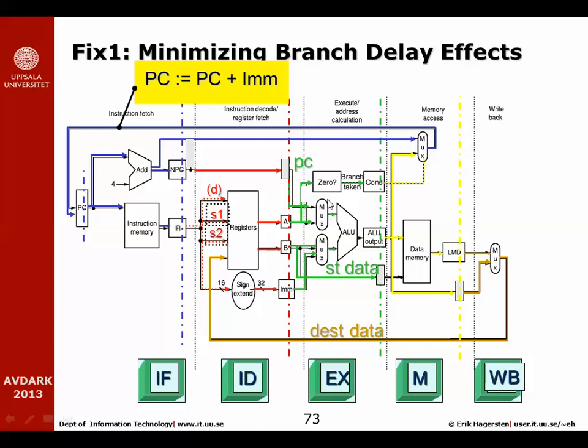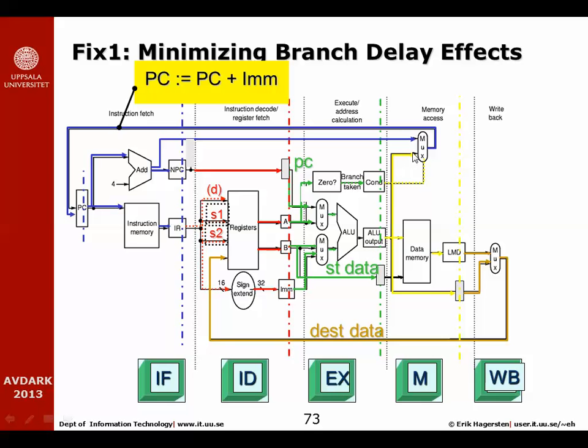It takes until very late in the pipeline until we know the outcome of the branch, as well as the address that we're going to jump to. We take the PC value. This mux here chooses the PC value, and some immediate here, and we're going to add the immediate and the PC value together, and that will produce the next address.